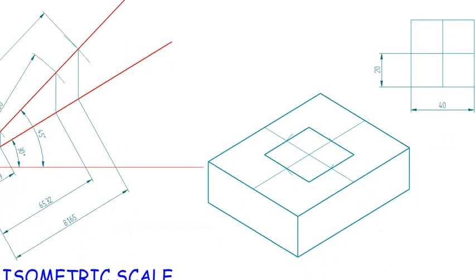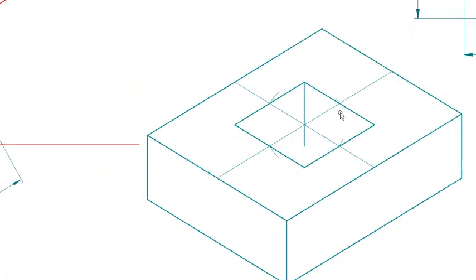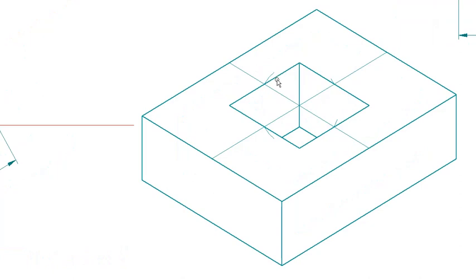We know this thickness is iso 30, which is 24.49. Then again I'm going to draw the line parallel to this. It's going to be 30 degrees. So this should be thick lines. These are construction lines, and construction lines need to be removed.